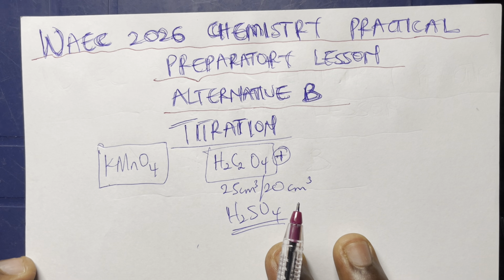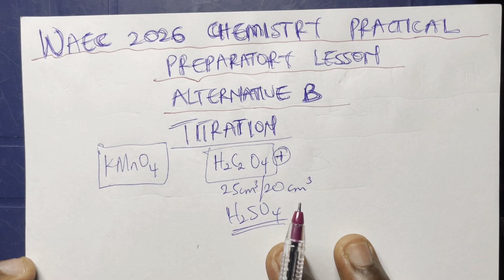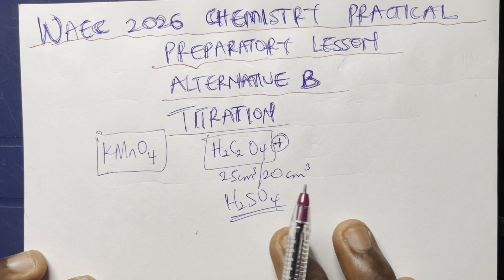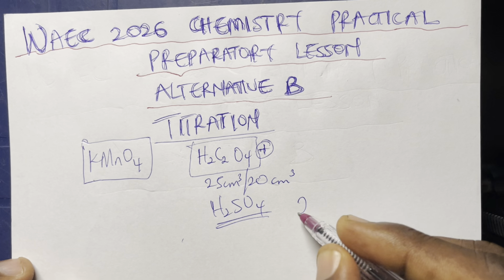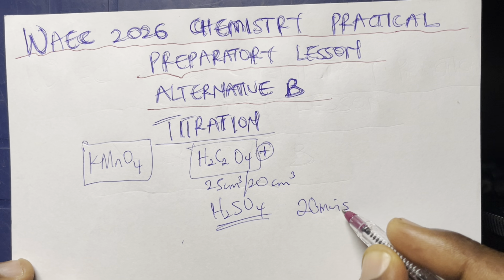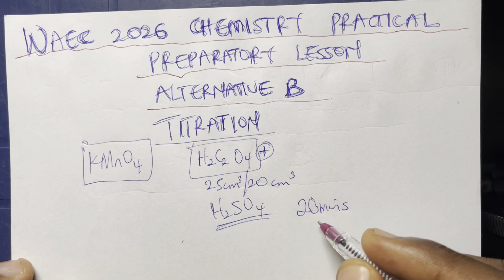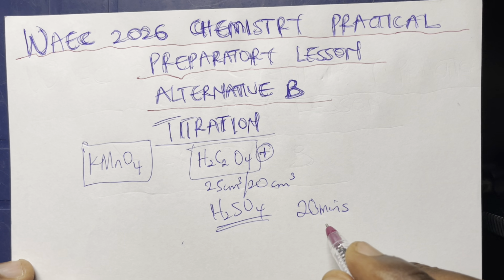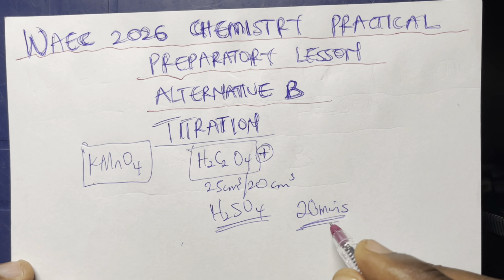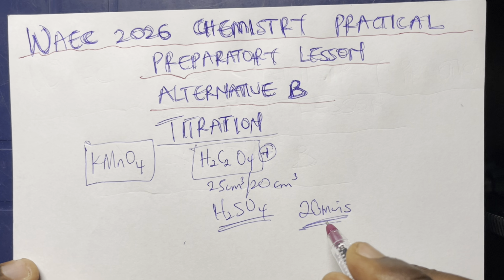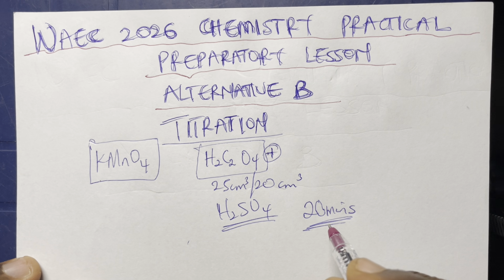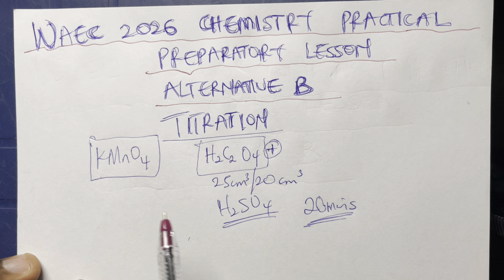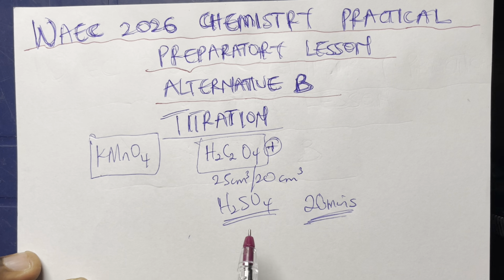After adding, you're going to heat the solution using your Bunsen burner for something around 10, 20 or 30 minutes, it depends on the instruction. Now if you did not heat it, you will not get your result. So after heating it, you will now run your titration.